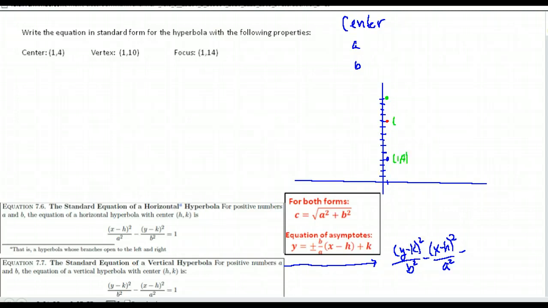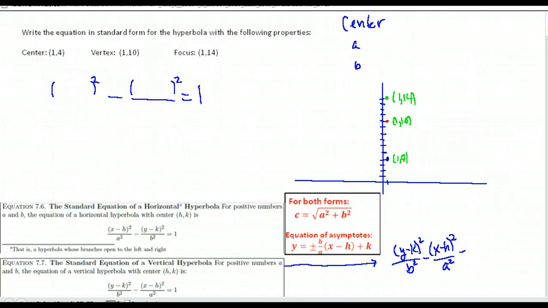Now we can see that this is going to be a vertical hyperbola because the points are lined up vertically. Okay, and if we go from there, we can find some of the parts we need. We have the center, so that's a good start. So our center is going to help us start to write this equation. We know it's going to equal 1 every time.